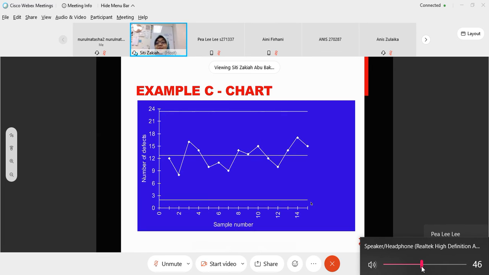Yoshi says in control, Lily says it is in control. Even the graph is very nice, the way you plot it. There is no continuous going up or continuously going down. This is a very good graph, so the process is in control.